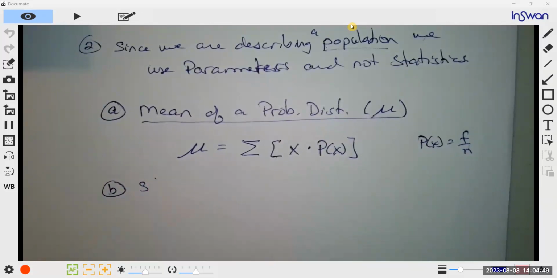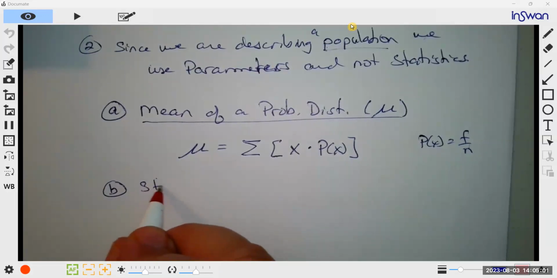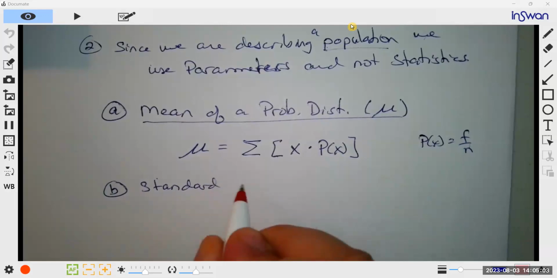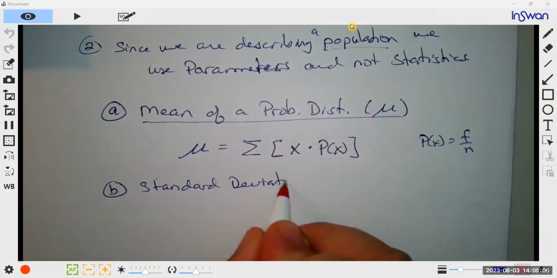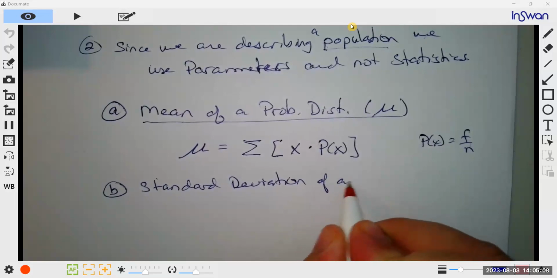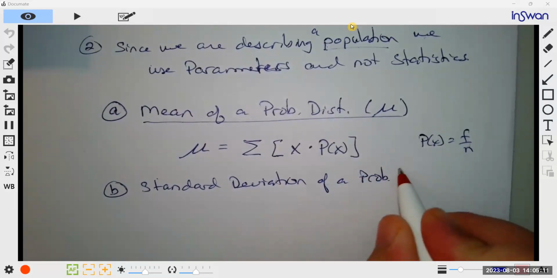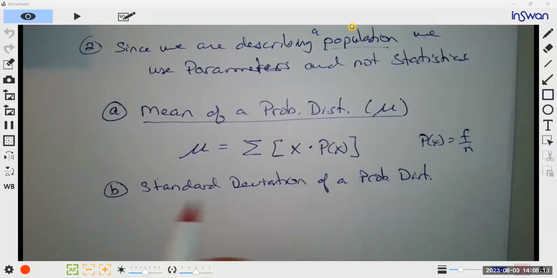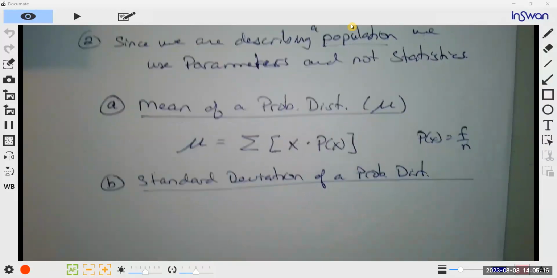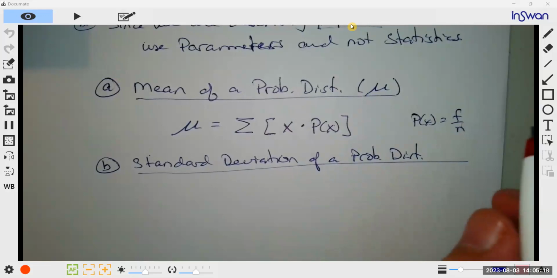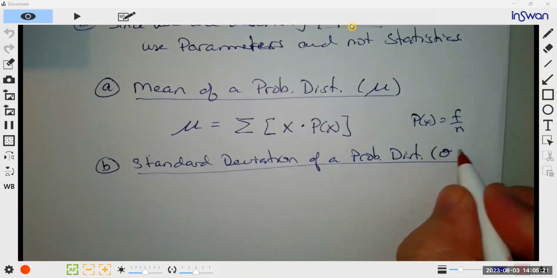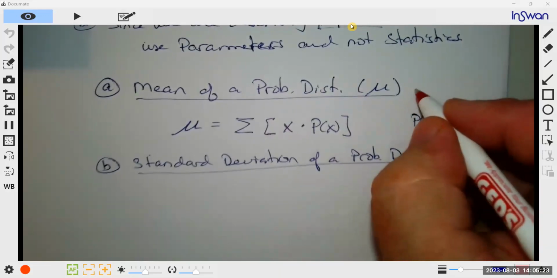So we have now the standard deviation of a probability distribution. The symbol we use there is rho. This is mu.